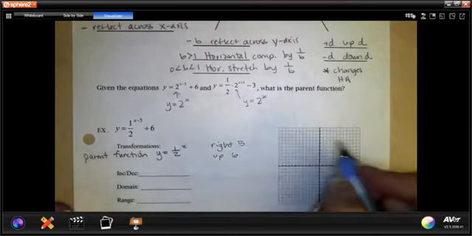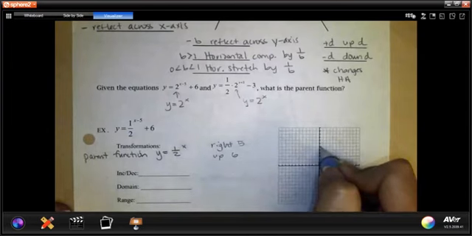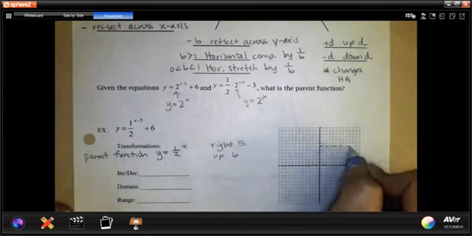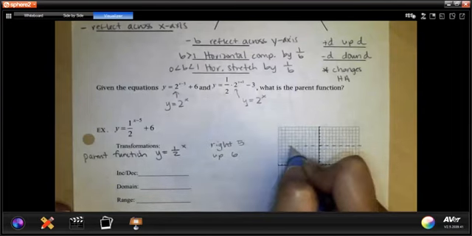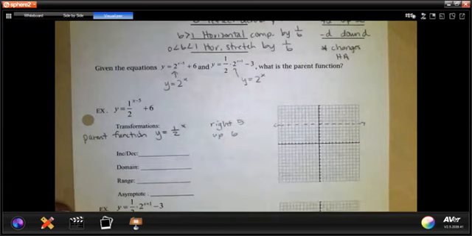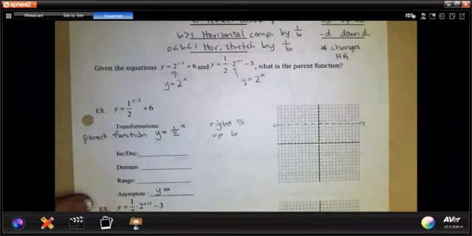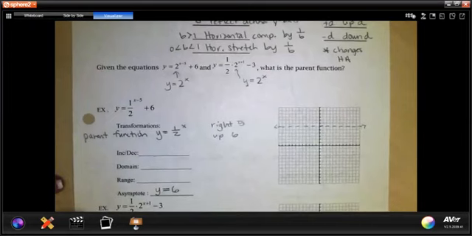So instead of being on the x-axis, our horizontal asymptote is going to be up 6 units right here. Horizontal lines are written as y equals, so that horizontal line is y equals 6.